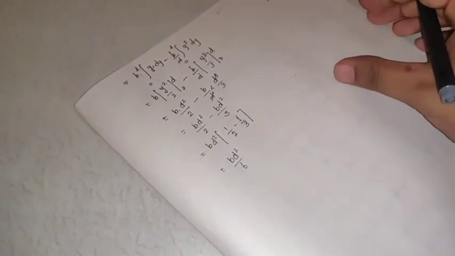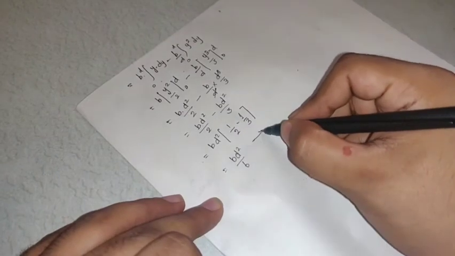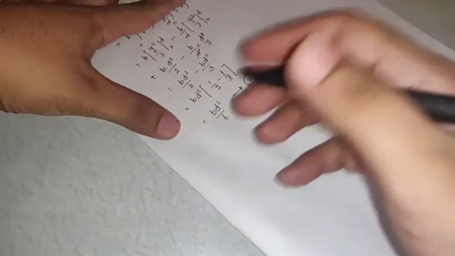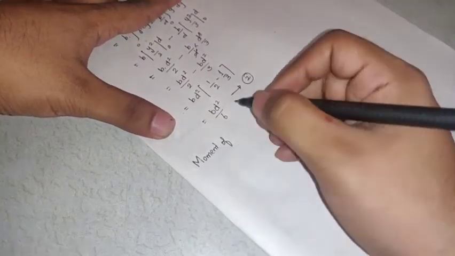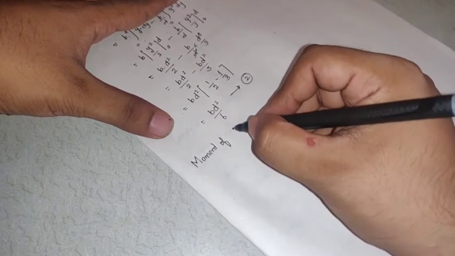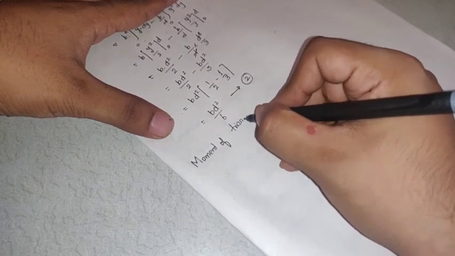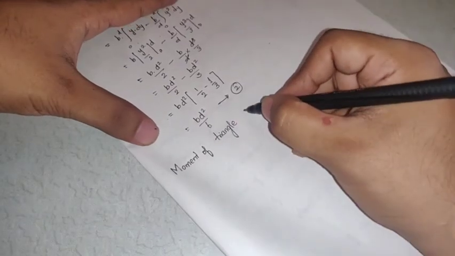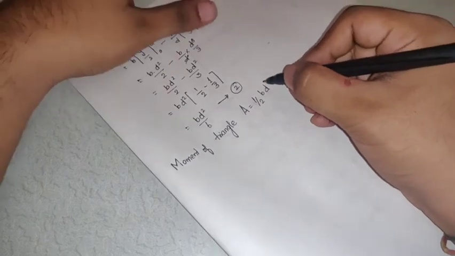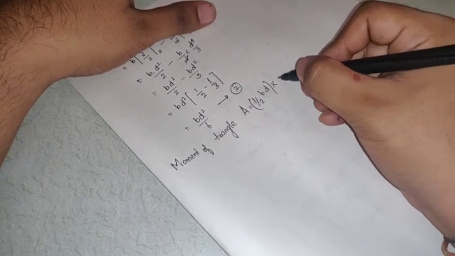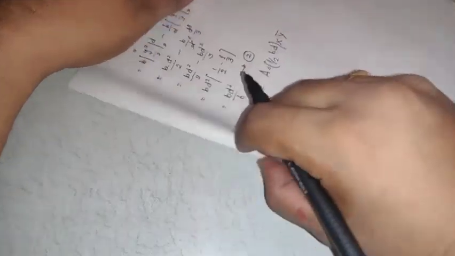So this is the sum of the moments of all the elemental strips. Take this as equation 2: BD square by 6, which is the moment of the elemental strip sum. Now the moment of the total triangle is the area A, which is half B into D, into its perpendicular distance from the x-axis, which is y bar.